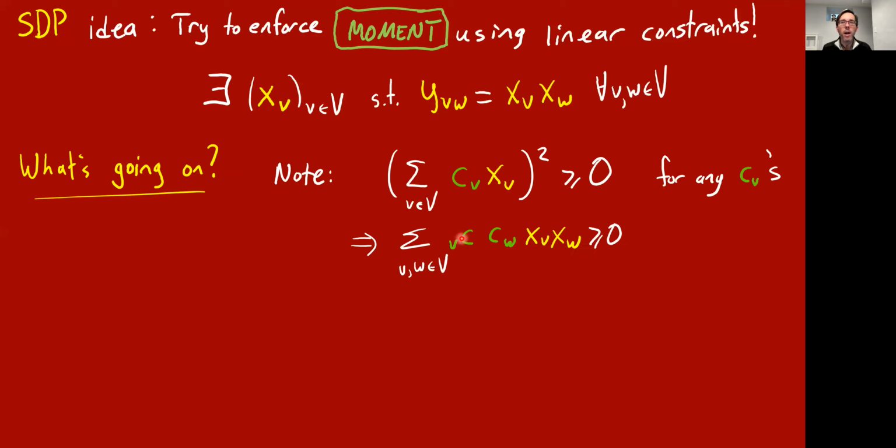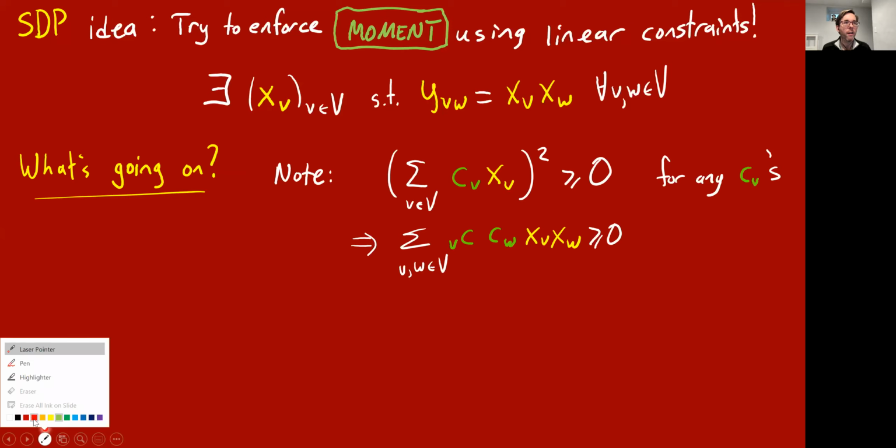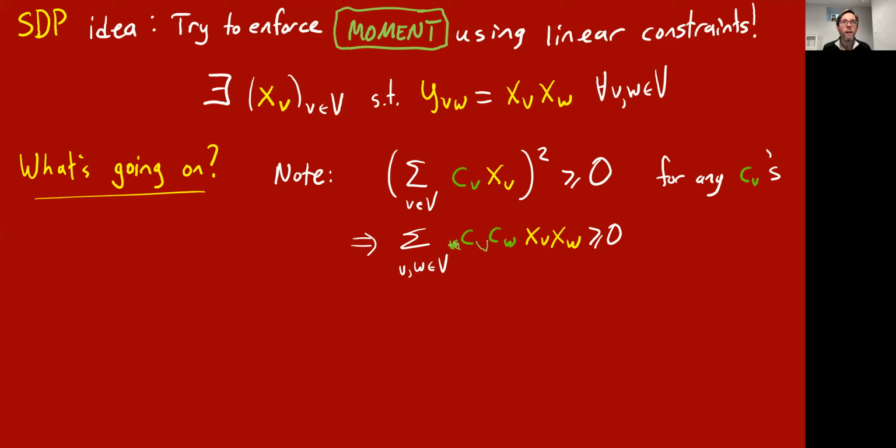Oops, there's some sort of weird PowerPoint bug here. This should say c sub v, not v super c. Let me try to draw that here. Scribble this out. Okay, so if I expand this out, this is just a fact of life about real numbers for any green c's.